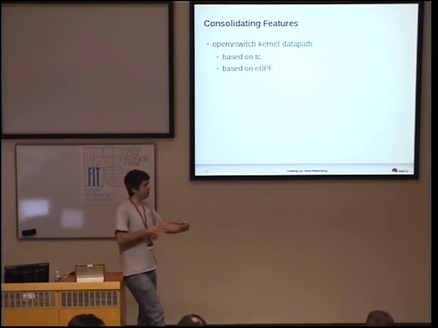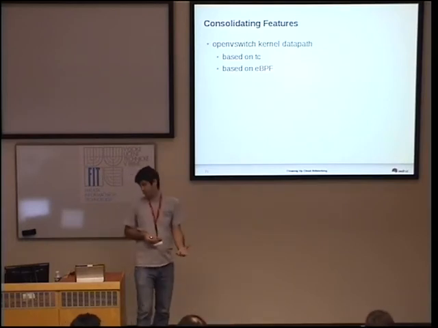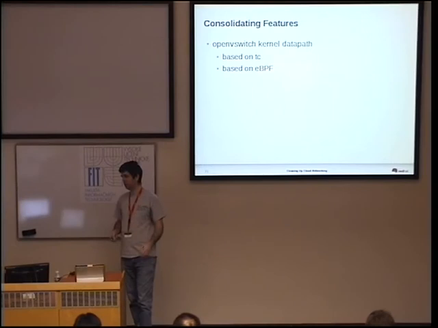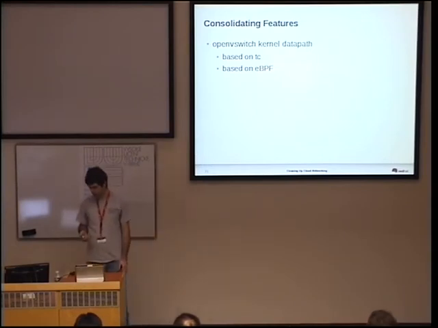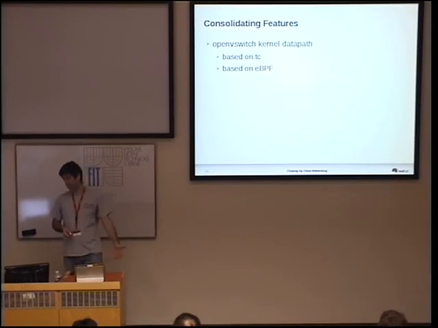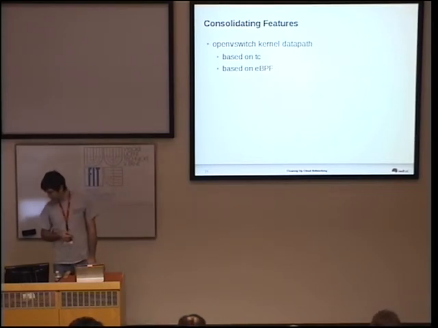So you can replace the whole kernel stuff with eBPF. I mean the Open vSwitch kernel data path. Which, by the way, is something that's maybe going to happen in several years. But it will lead to quite powerful things.